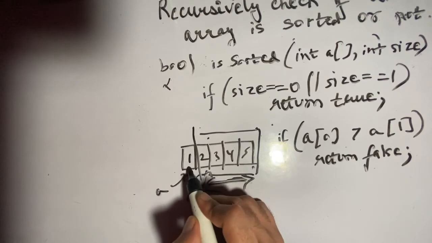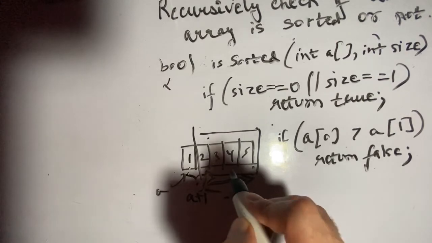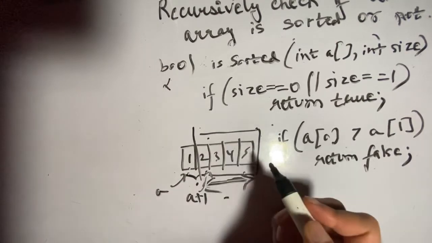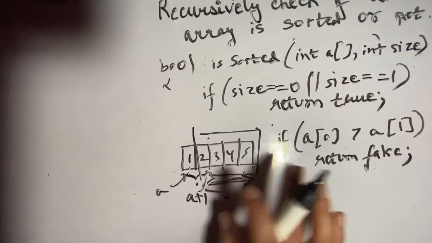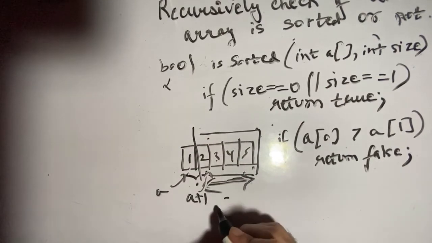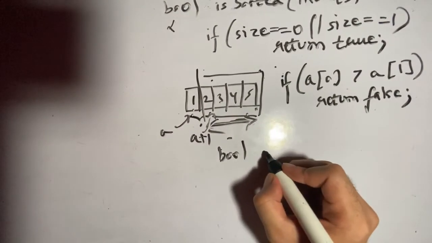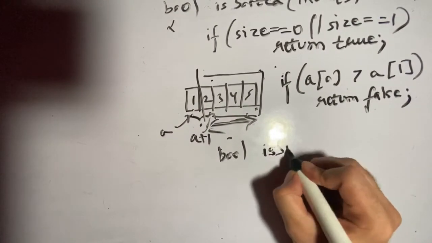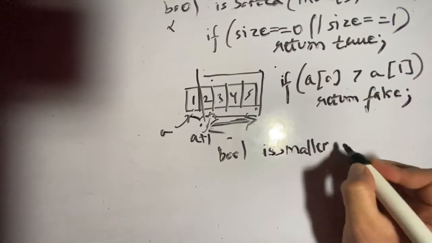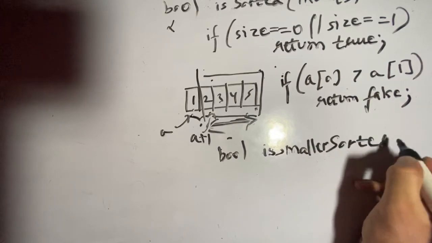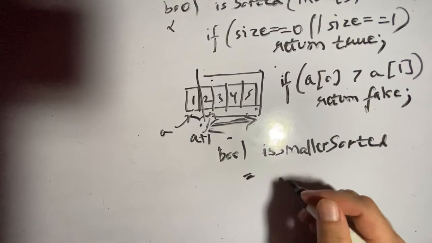Now if this part is sorted and recursion says that this whole part is also sorted, then of course our whole array is sorted and we are done with the problem. So let's store it in a bool variable. We'll make a call for the smaller array, isSmallerSorted, and we'll call our recursion here.